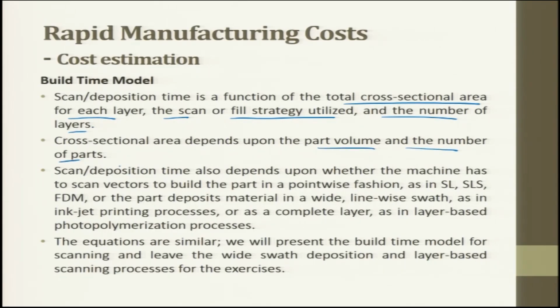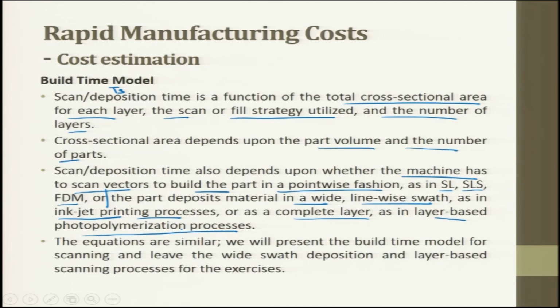Scan deposition time, that is TS, also depends upon whether the machine has to scan vectors to build the part in a pointwise fashion, as in stereolithography, selective laser sintering and fused deposition modeling, or deposits material in a wide line-wise swath, as in inkjet printing processes, or as a complete layer, as in layer based photopolymerization processes.